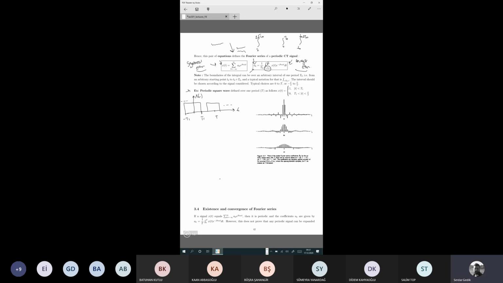So this is just a periodic signal, and, let's say around the origin, it is 1 in between minus t1 and t1, and it is 0 otherwise in the period.